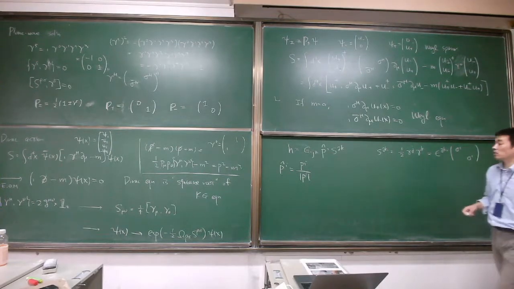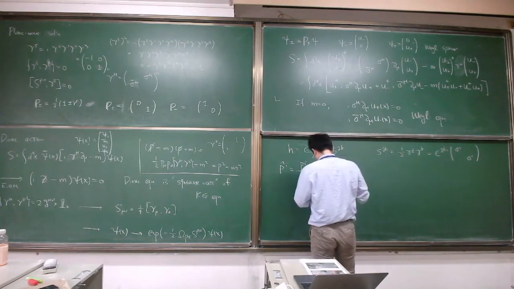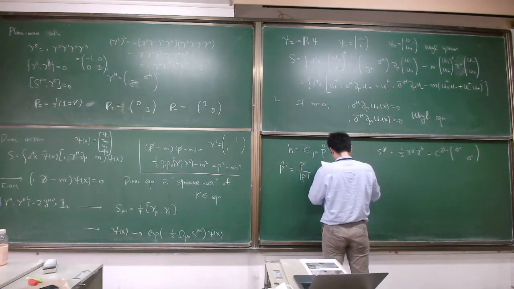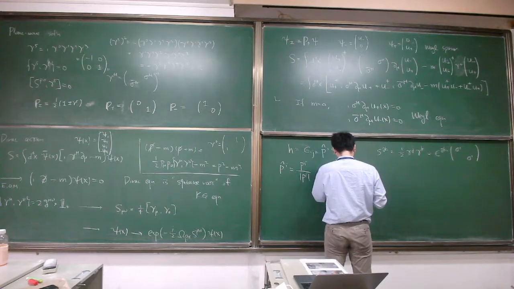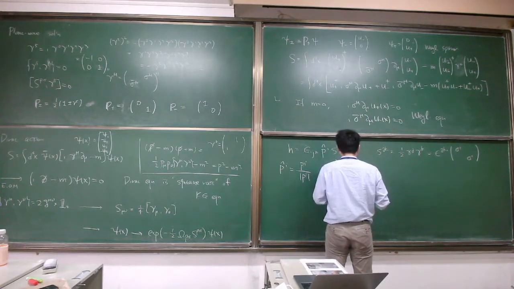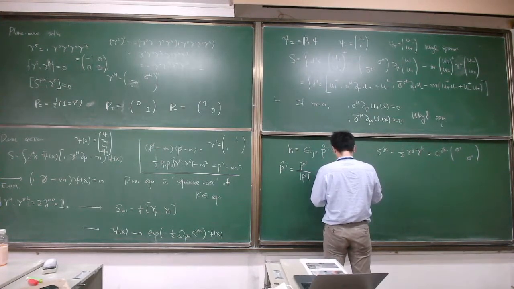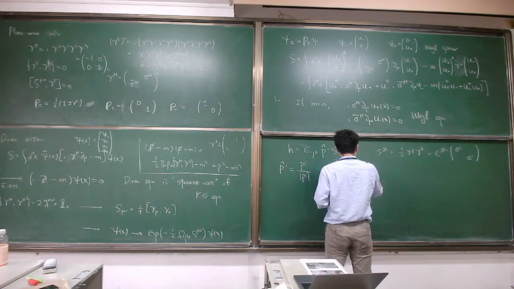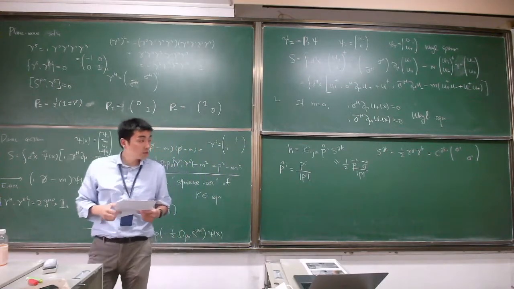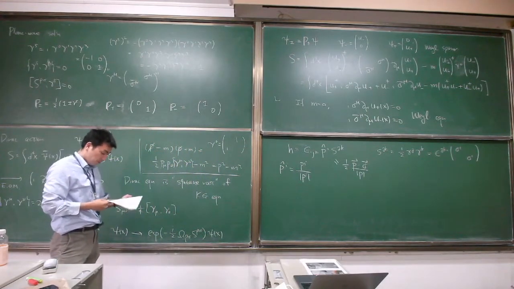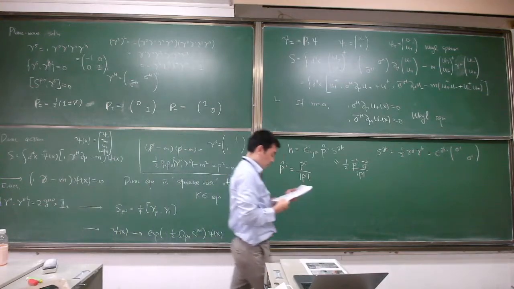Therefore this is equal to 1/2 times the unit vector P dotted with sigma. Okay, so that's what we have.